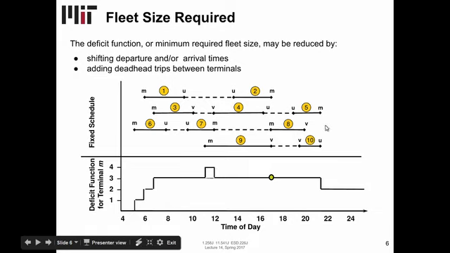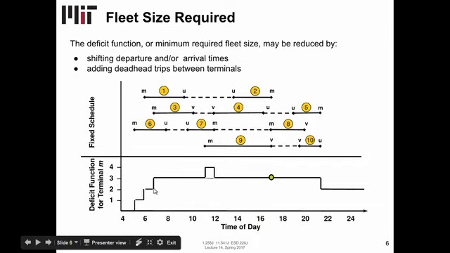If we work out the deficit function for terminal M, what we see is that, for example, at around 5 a.m. we have one trip scheduled, trip number 6, and at 6 there's another one.